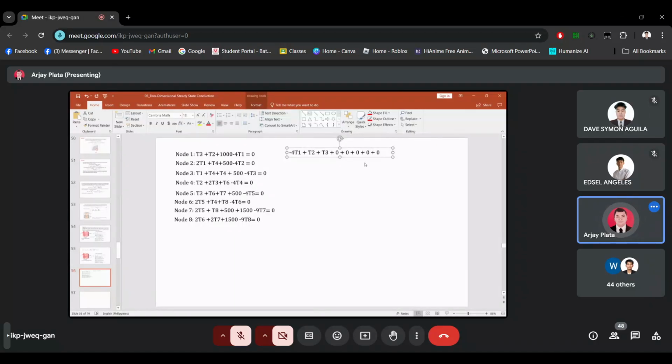So next, for node 2, please kindly double check if what we are doing is correct. I forgot to include the 1000 here, negative 1000. See, this is negative 500.